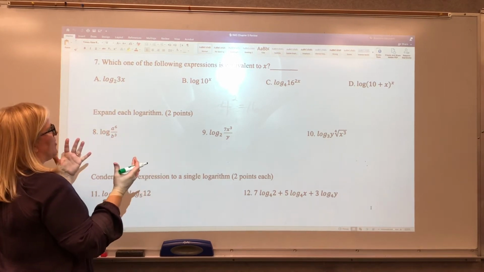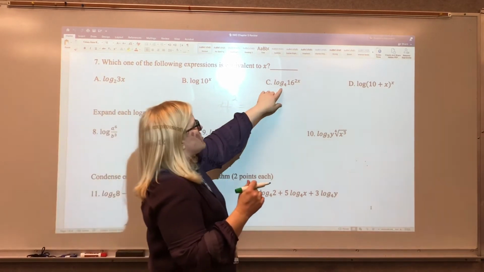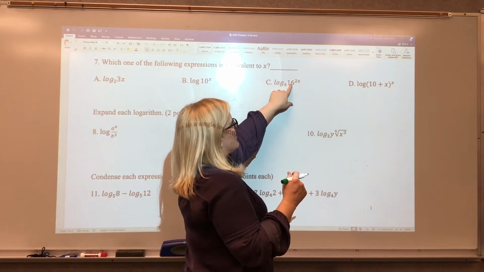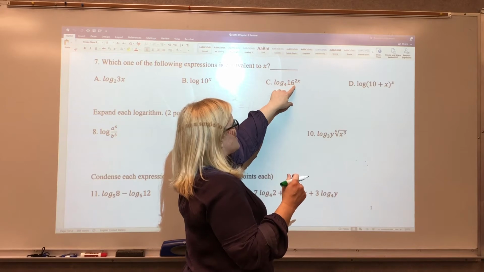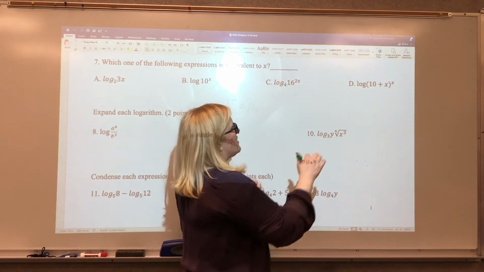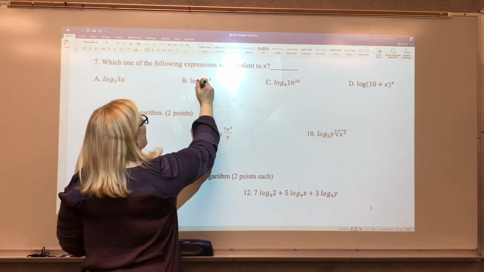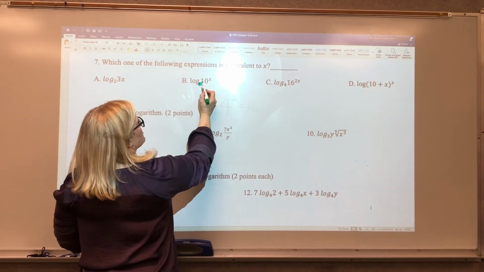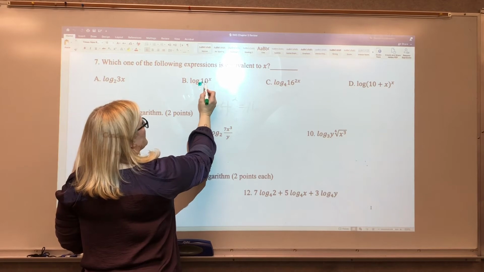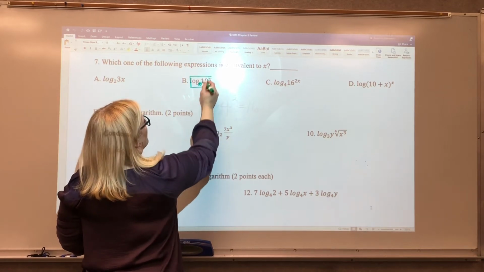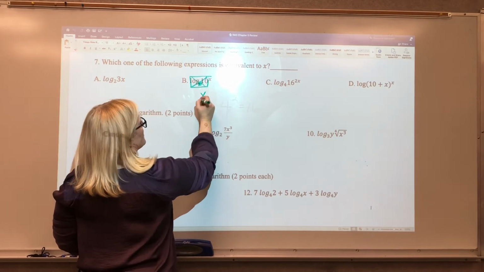That isn't going to help me at all. 4 squared gives me 16, so that's not going to equal x anywhere. This doesn't equal x, but this one, remember, this is log base 10, and 10 to the 1st power is 10, so this becomes a 1, or it cancels out. So this is an x.